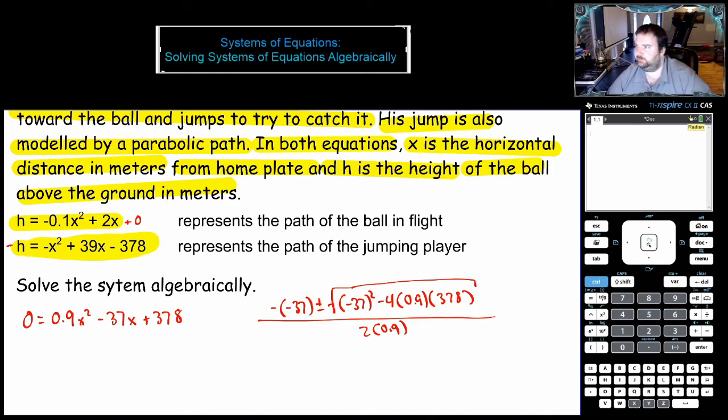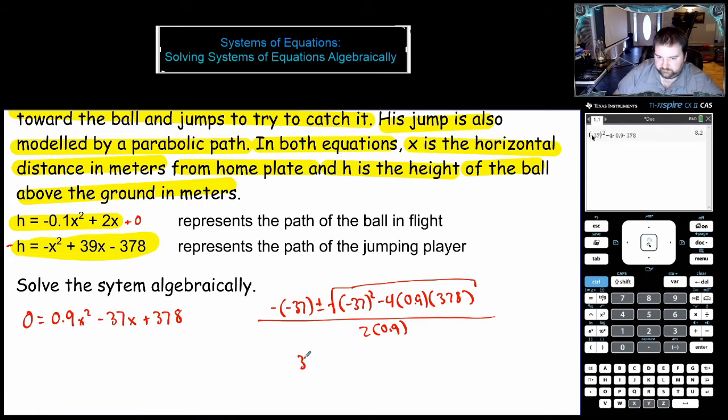And again, there's a little trick I'm going to show you later, but for now, we're just going to do it the old-fashioned way. Negative 37 squared minus 4 times 0.9 times 378 equals 8.2.